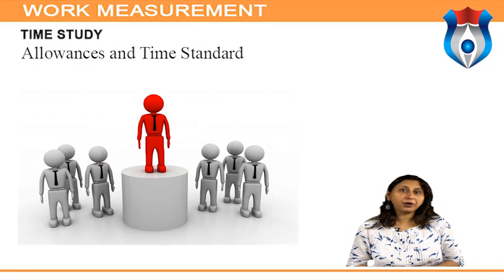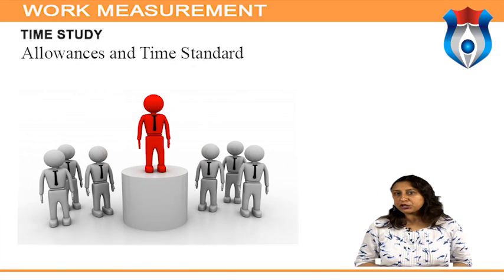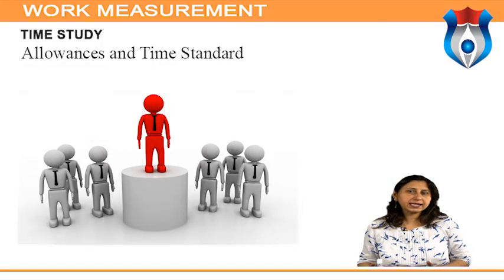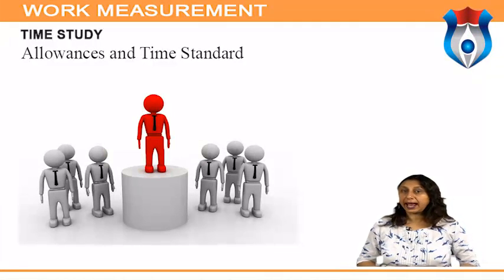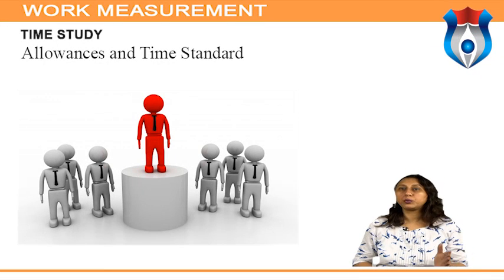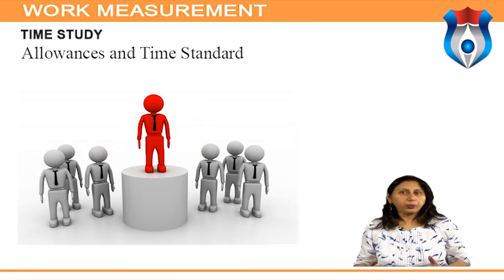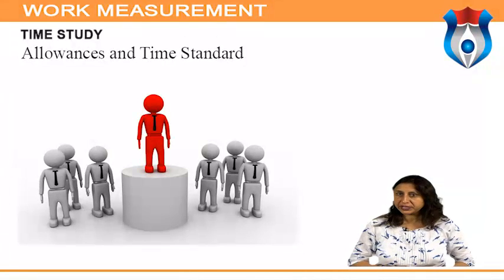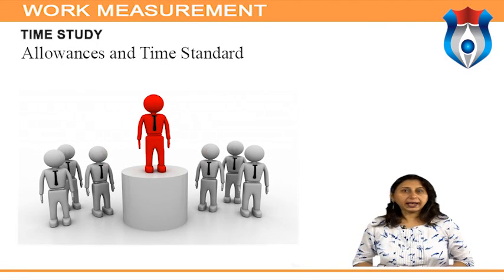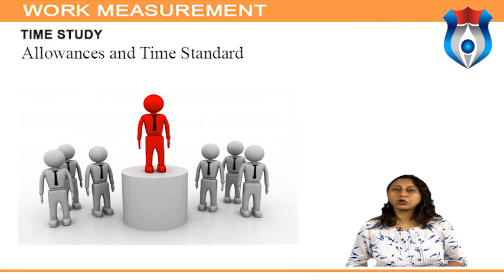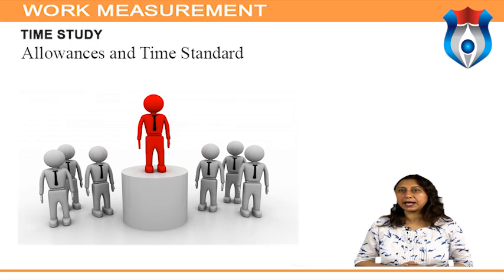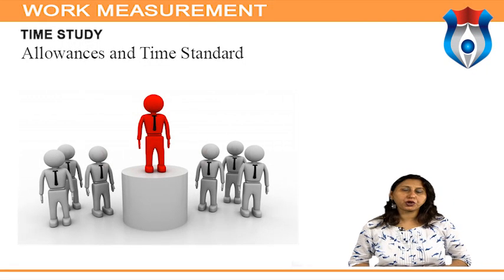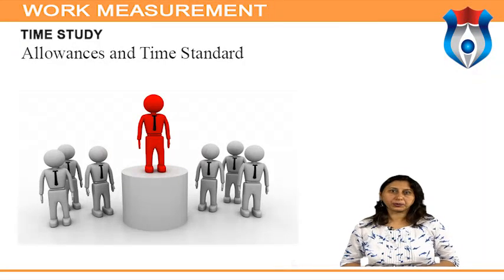However, this does not account for various delays such as personal needs of the worker, fatigue, and possible delays in the process due to breakdowns, etc. To compensate for such delays, allowances are calculated and added to the normal time to give what is known as the standard time, which represents the time required for completion of the task inclusive of delays. Allowances are applied as a percentage of normal time. The standard time for the operation is determined as the sum of the normal time and allowances obtained from the product of normal time and the percentage of allowance.